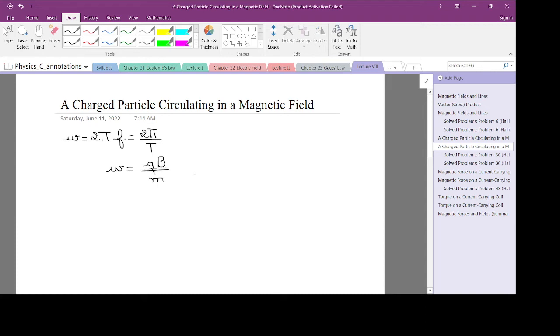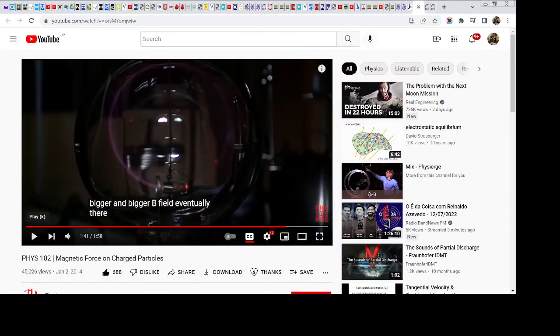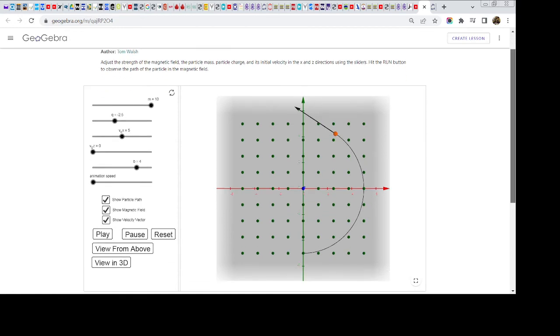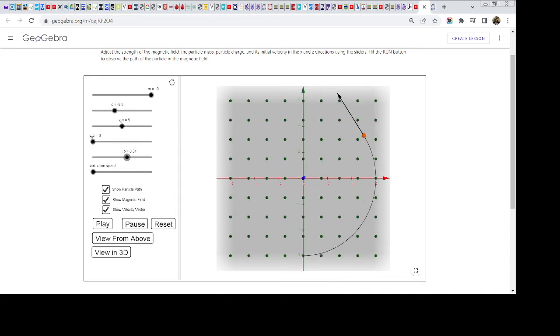And we can play this in our simulator here. You can play to see what is going to happen, how those changes in the charge, in the mass, in the velocity are going to affect here. You can change the field too.